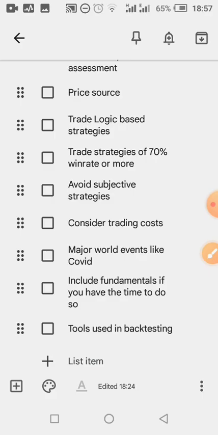Okay, your trading strategies should be based on price action, on why and how the markets move.